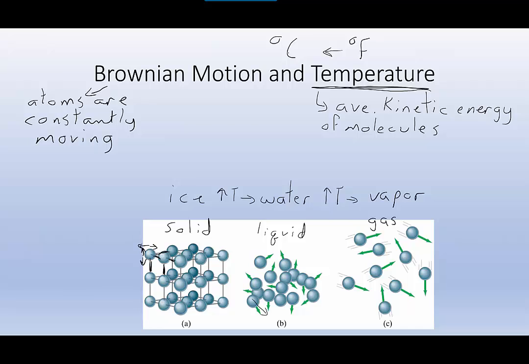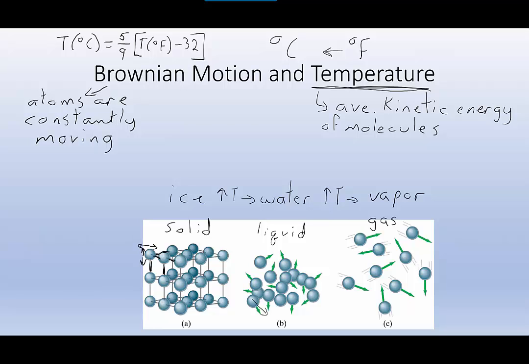And to make the conversion between Fahrenheit and degrees Celsius, we have to do a little equation here. So if you want your temperature in degrees Celsius, but you have it in Fahrenheit, you have to take 5/9 of your temperature in degrees Fahrenheit after you've subtracted 32.